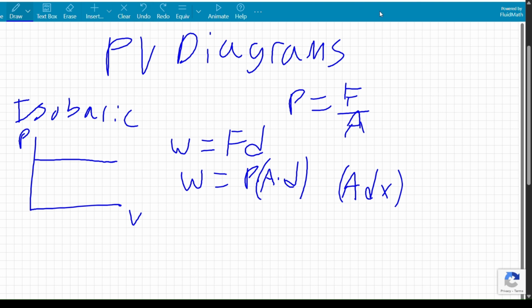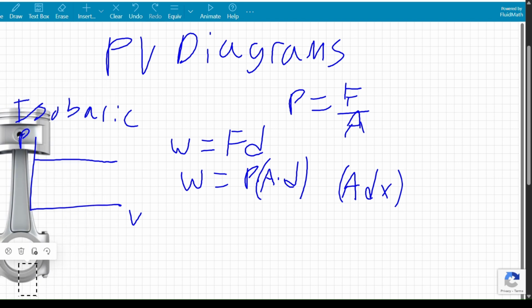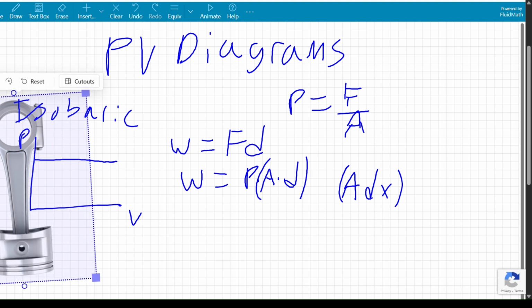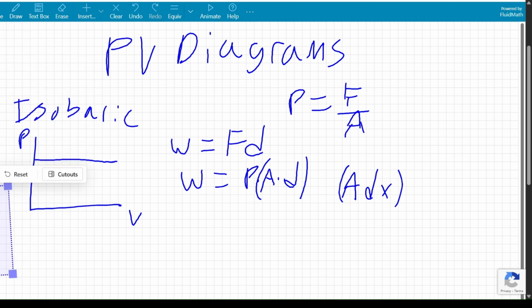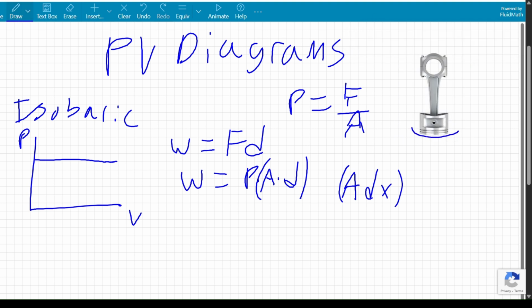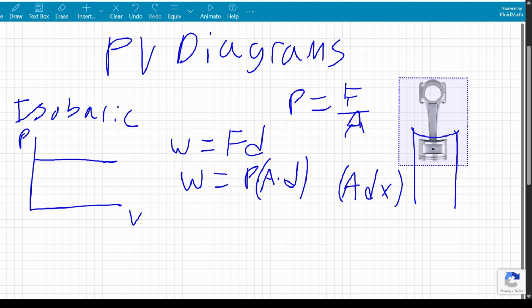And a way to visualize this is, imagine we have a piston like this, right? Let's just say we have a piston like this, and we end up having a cylinder with a bunch of gas inside, and the piston moves up and down, right? So the pressure on this piston is going to remain constant, but the volume will increase.